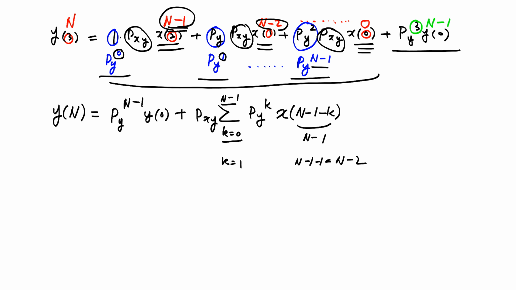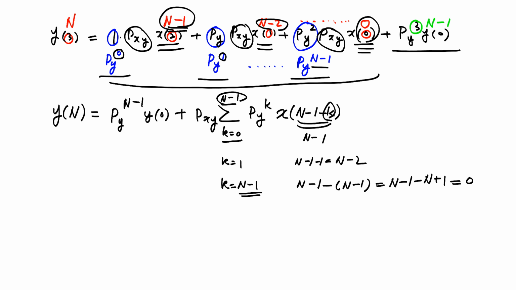And the last one, how about if k is this last value, n minus 1? Then n minus 1 minus k, which is n minus 1 minus n plus 1, which is 0. So we have this 0 here.